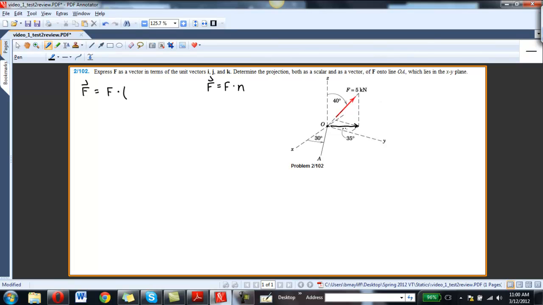So we'll first have to find this F, which we'll call Fxy, and that's going to be equal to F cosine 50, because we know that this angle here is 50, and Fz is going to be F sine 50.